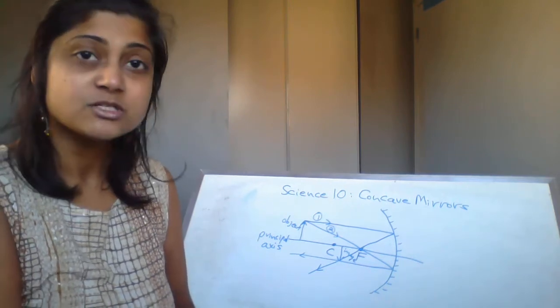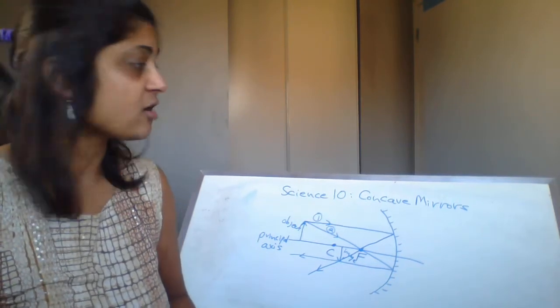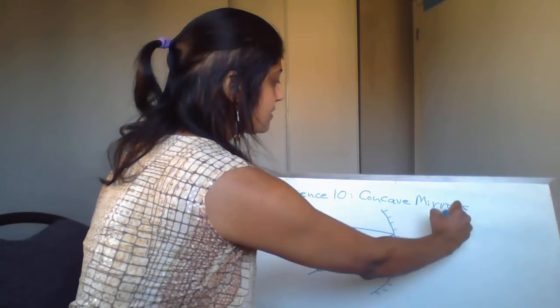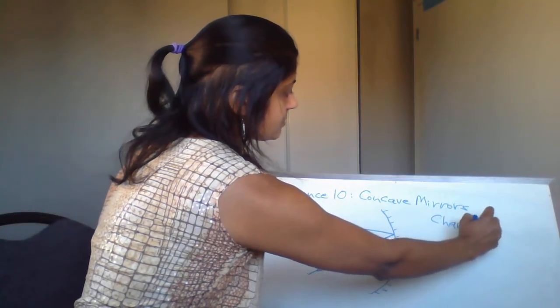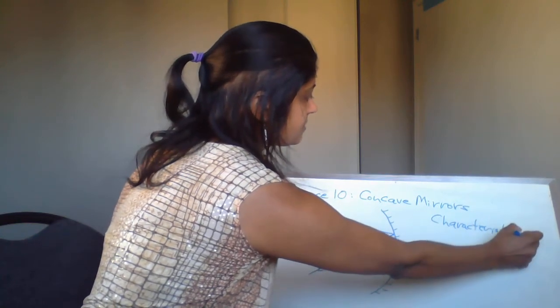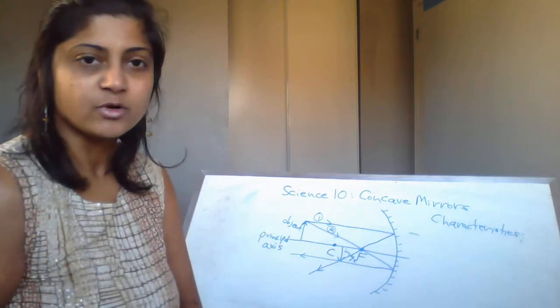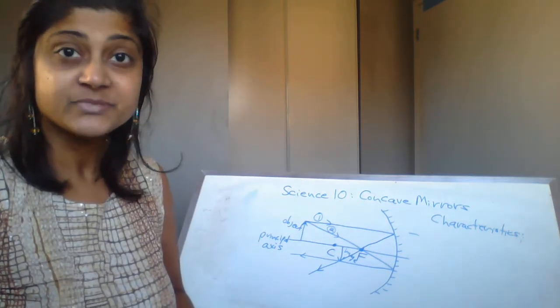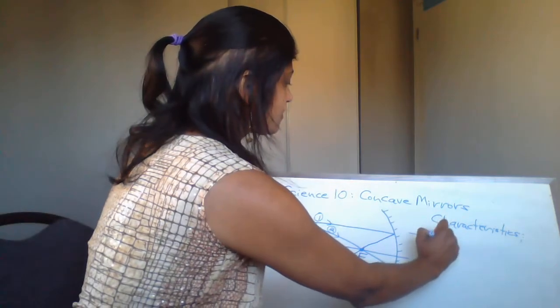What the teacher wants you to know is the characteristics of the image, so we're going to write it on the side here. I'm going to put characteristics of the image in point form. I can see that the image is actually smaller than the object, so we'll just put smaller.